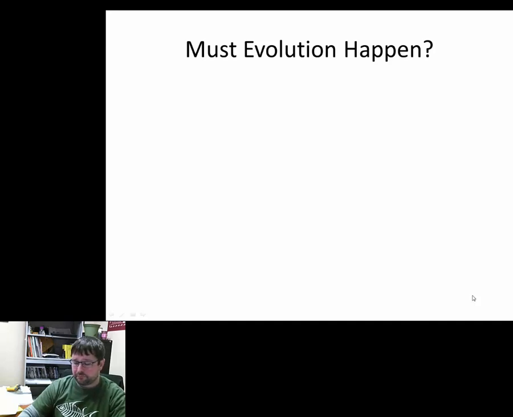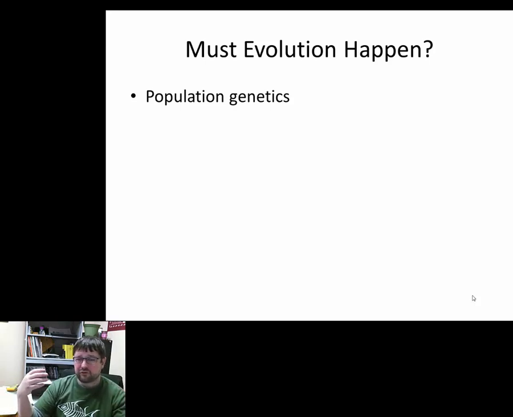So the question was posed by Hardy and Weinberg: do populations have to be able to evolve? Are they always evolving? Does evolution have to occur? Now, Charles Darwin, when he came up with evolution by means of natural selection, suggested that populations are always evolving.